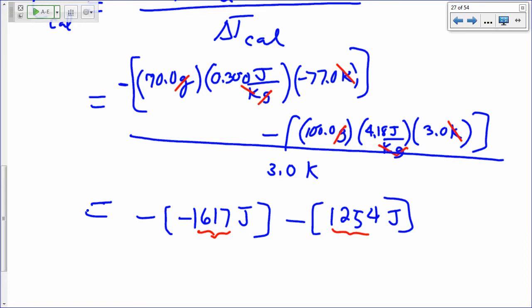Where did the rest of it go? The rest of the calorimeter, the stirrer, the thermometer, the air above it, in the immediate surroundings. So that's the amount of heat that did not transfer from the metal to the water. So this difference right here, you divide by delta T, which is 3.0 Kelvin. What do you get now?